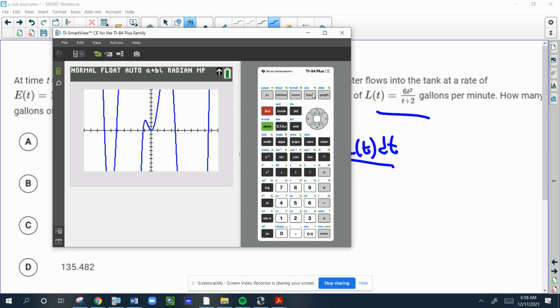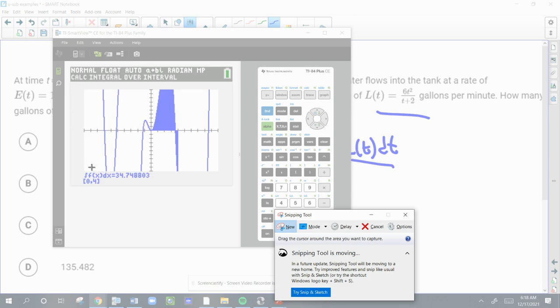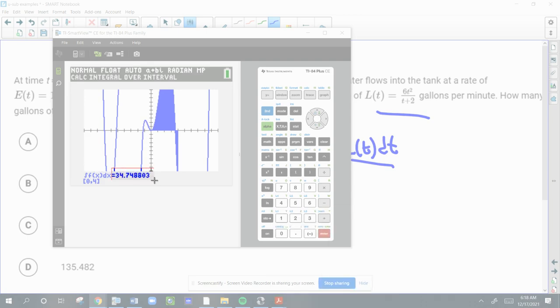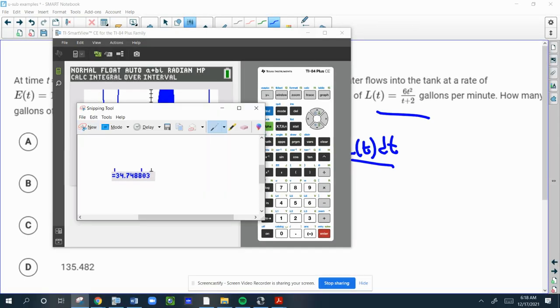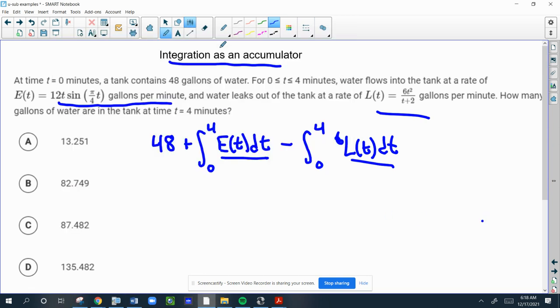So second calc 7, starting at 0, ending at 4. And that will give us 34.748. So hold on a second here.